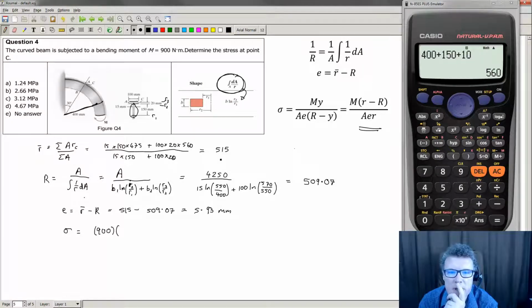Oh, sorry, no, it's actually telling me where it wants it. So point C. Okay, so point C is 400 plus 150, it looks like to me, so it's this location here.